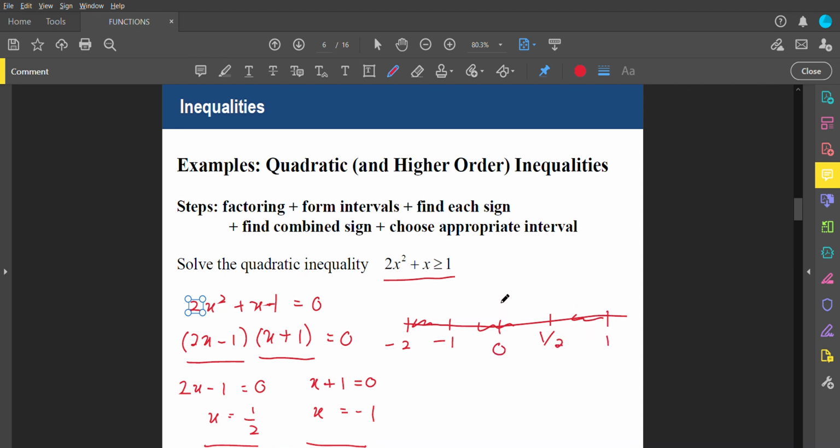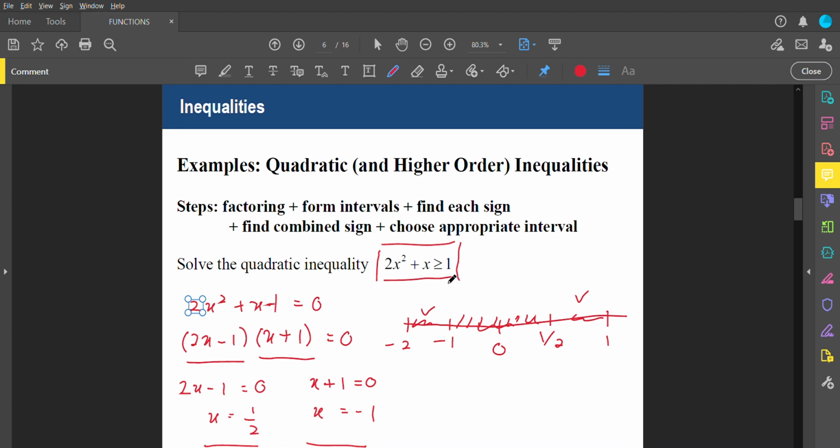You see that the values between negative 1 and 1 over 2 give you values less than 1, but the values less than negative 1 and greater than 1 over 2 will give you valid values for x. To validate this inequality, if you plug in negative 2, you have 2 times negative 2 squared, or 2 times 4, which is 8. 8 minus 2 gives 6.